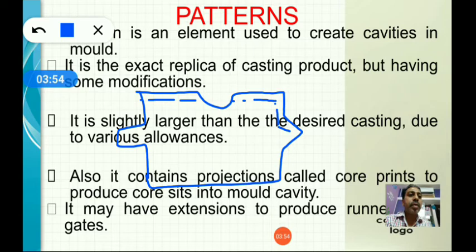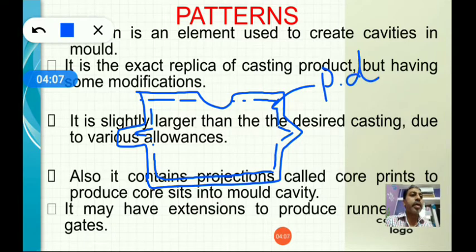Suppose this is our exact product with its dimensions, and this is our pattern.